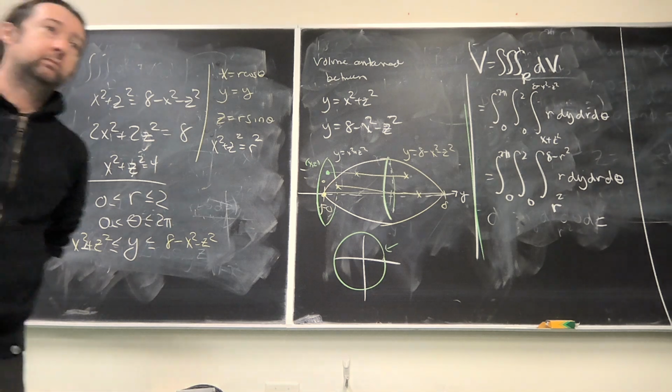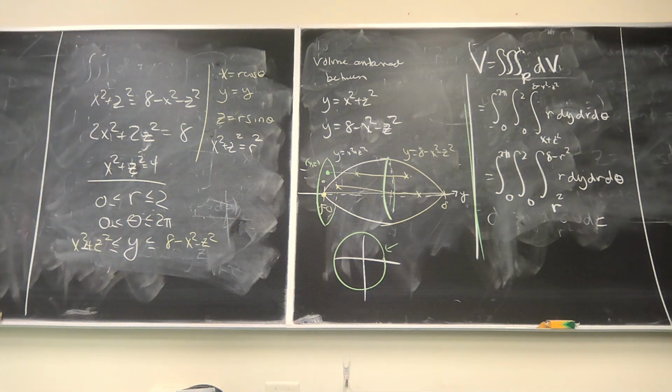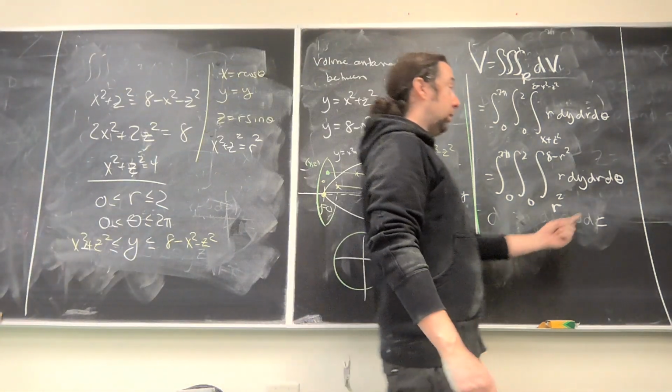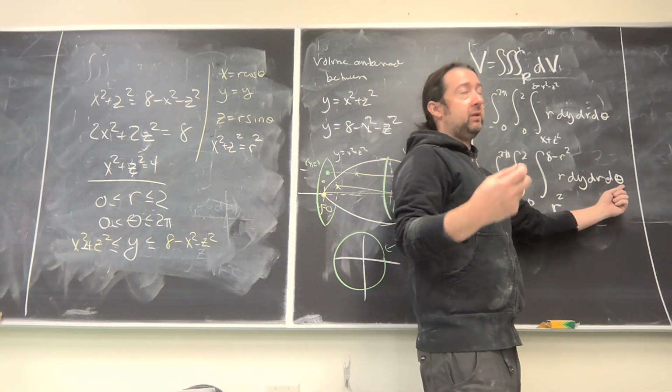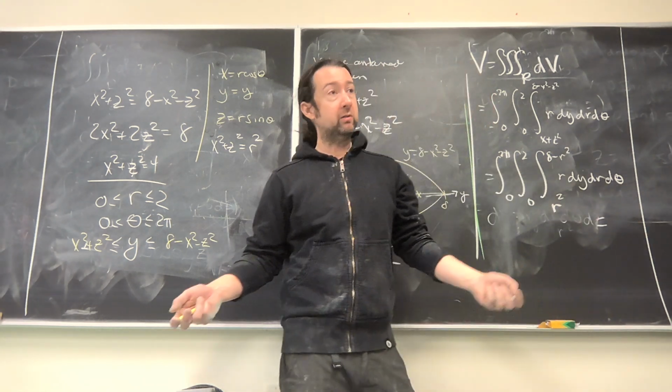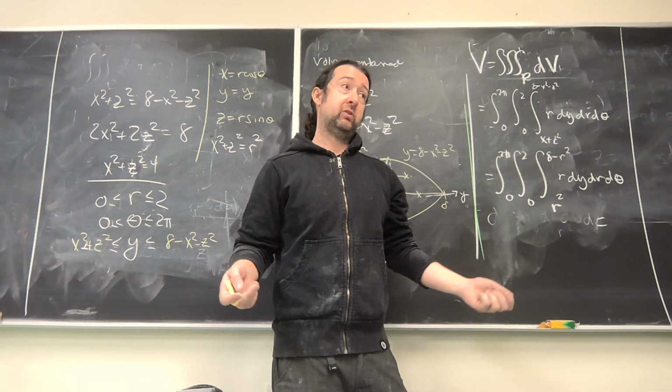Yep. So if your cylindrical axis is a function of the other two variables, you have to integrate that one first. Yes. What if r is a function of theta? Then that has to go second. In fact, this is why generally I always write dr d theta. Because in the conventional way of doing this, theta will never be a function of r, but r is frequently a function of theta.